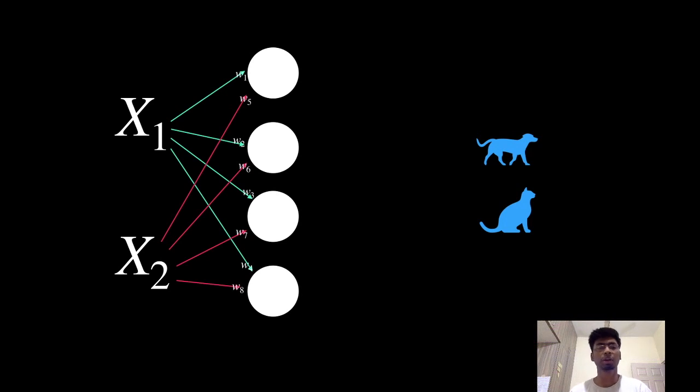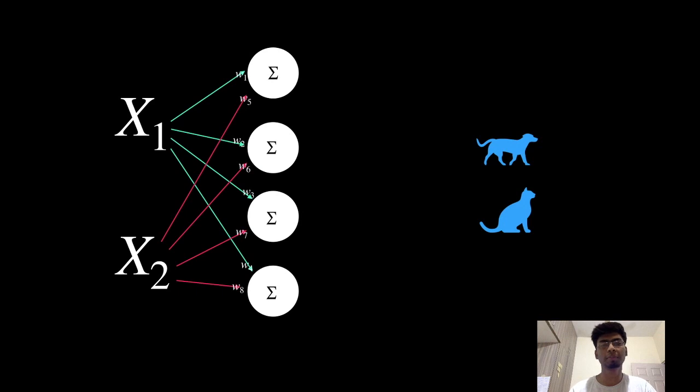Now by this time you'll get two types of output: one output coming from x1 and w1 in the first neuron, and another output coming out will be x2 with w5. So what we do next is we sum those outputs that came from each of the inputs.